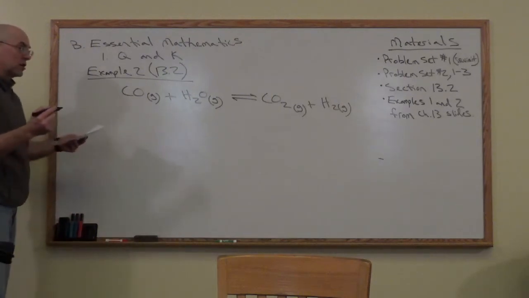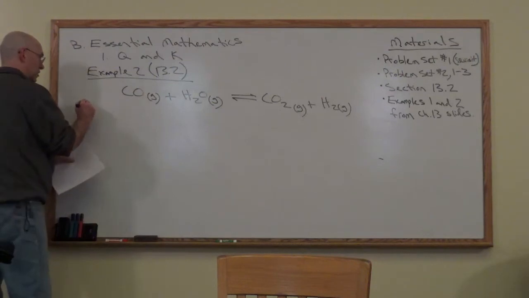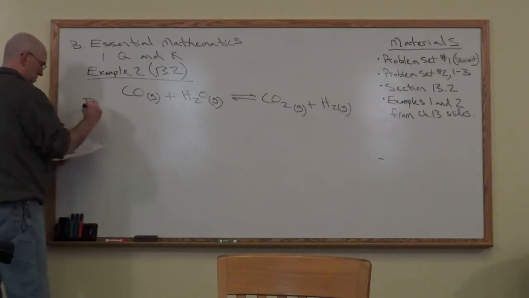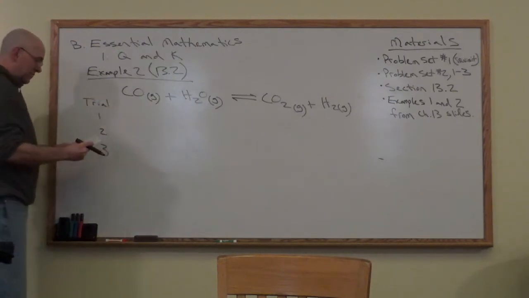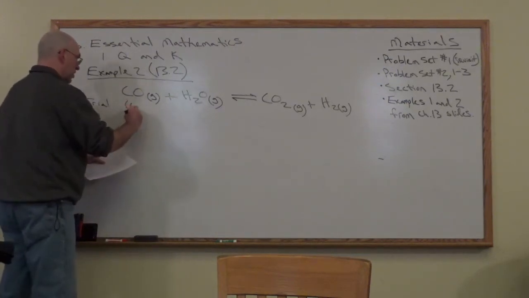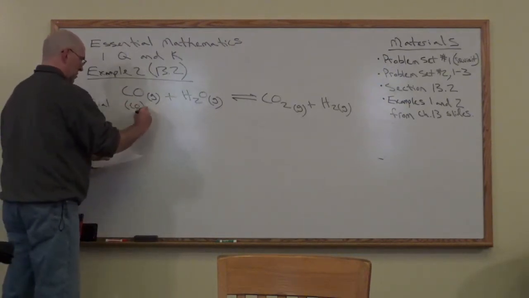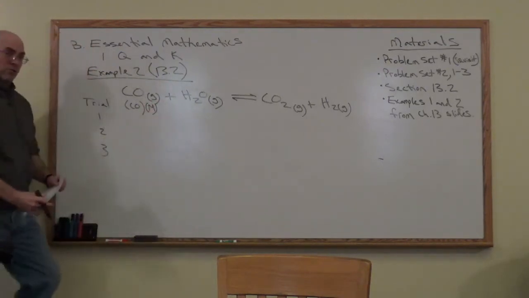And these are not necessarily equilibrium conditions. So you have 3 trials, 1, 2, and 3. So you'll do this 3 times. And then you're given, well, we don't know if they're equilibrium concentrations.